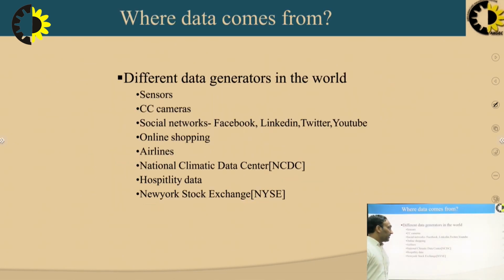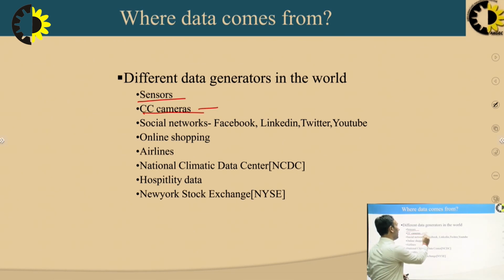And the major concern here, as we all know the basic applications of big data, is that the data which is managed comes from different sources, like sensors. There are different sensors used in the medical field, from which data continuously comes to the cloud server. CC cameras are also implemented for security purposes, either in an organization, on roads, or for a specific government organization.